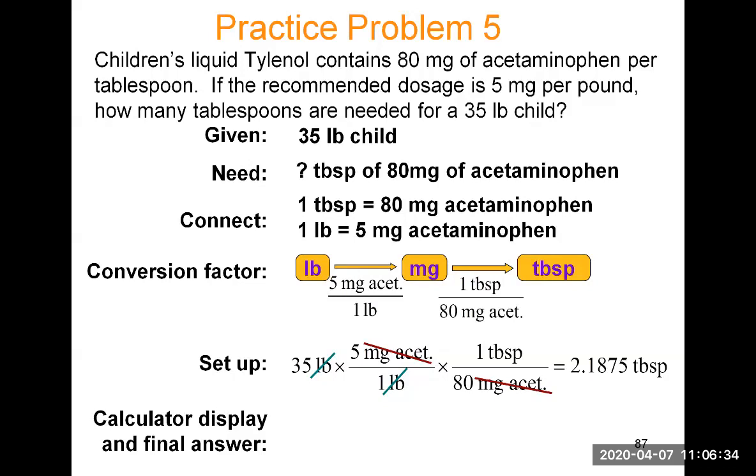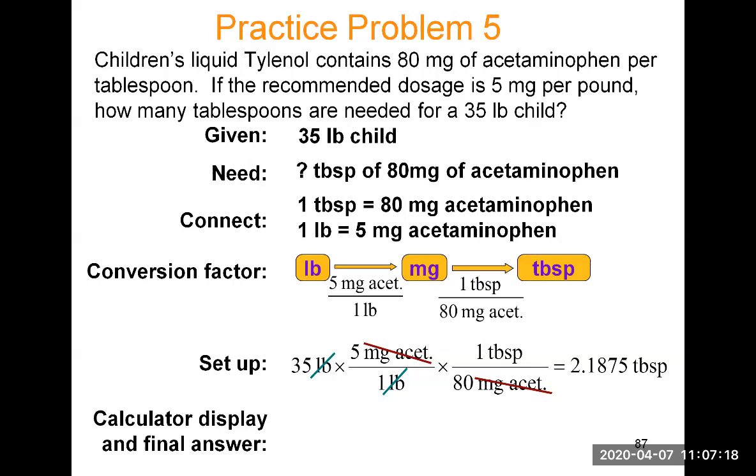Now let's look at the sig figs. 1 tablespoon over 80 milligrams of acetaminophen. The 1 tablespoon is counted, so it's an exact number, but the 80 milligrams is not exact. In 80, there is only one significant figure because the 0 is not significant there. So 1 sig fig here. 1 pound per 5 milligrams: the 1 pound can be considered exact, but the 5 milligrams is measured. In any case, they're 1 sig fig or exact.